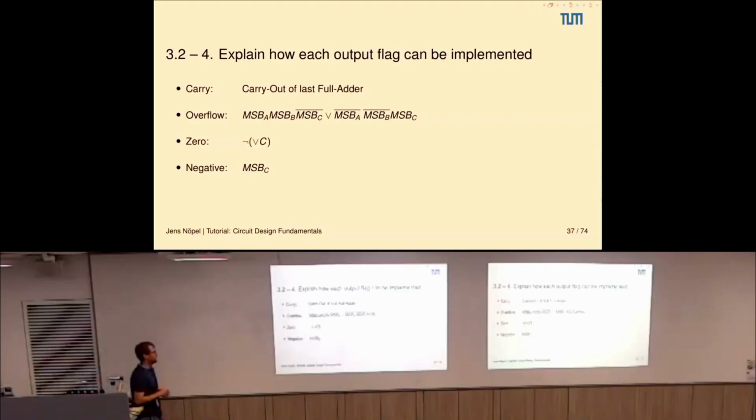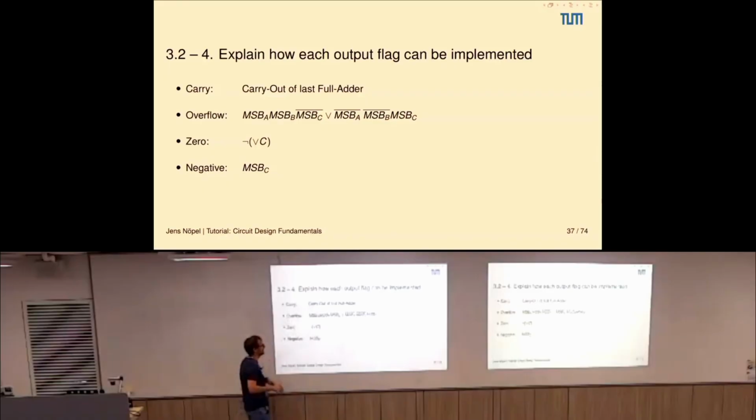So for the carry, once again, it's just like the output of the last full adder. And for the overflow, as said before, if the MSB of A and B are not the same for the output, then the overflow bit is set.